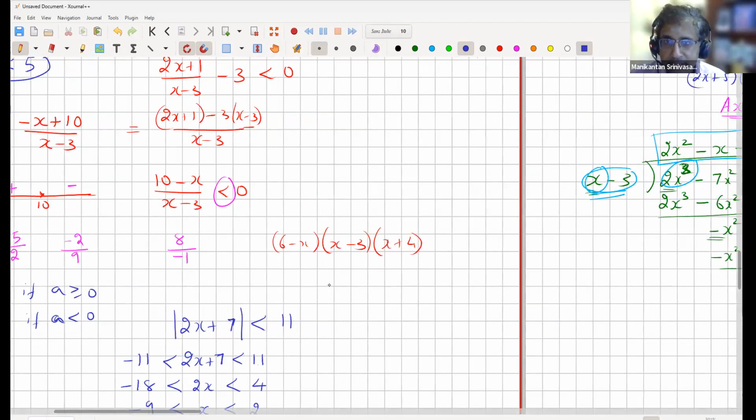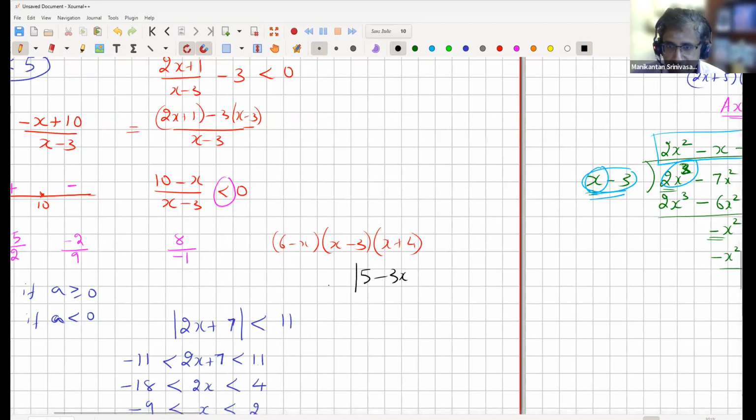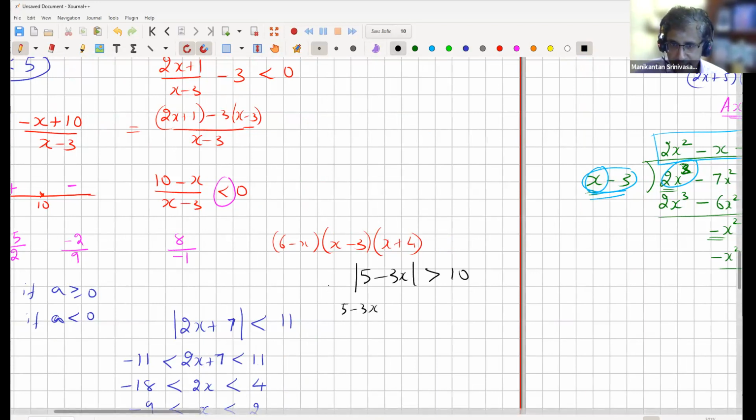On the other hand, if it's the absolute value of 5 minus 3x greater than 10, then this means 5 minus 3x is greater than 10, or 5 minus 3x is stronger than negative 10 in the negative direction. Stronger meaning more negative.